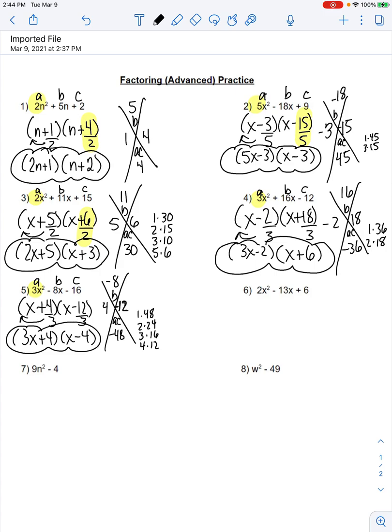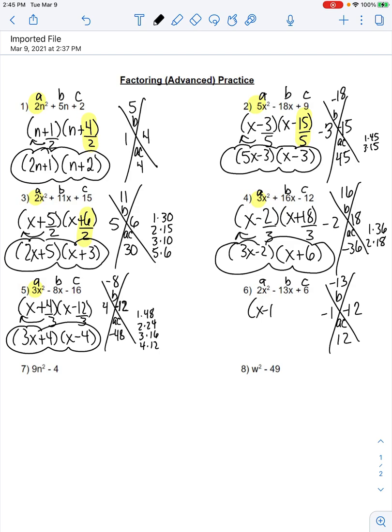Number 6. I don't see a greatest common factor, so I'm going to go straight to magic X has your back. A, B, C. Our B is negative 13. A times C is going to give us 12, and I can already see that 1 and 12, if I make them both negative, that gives me negative 13, and negative 1 times negative 12 gives me positive 12.